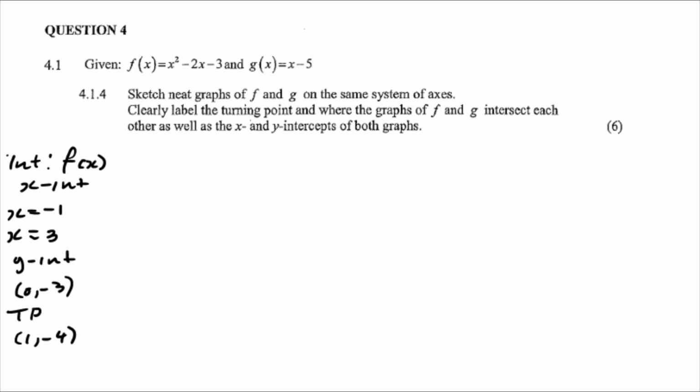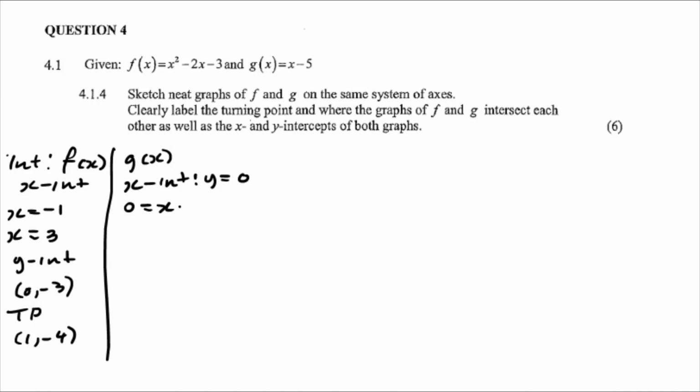And then now for g of x, we need to sketch this function, and we don't have the x-intercept, but we know this is where y is equal to 0. So meaning 0 is equal to x minus 5. Then now x is equal to 5.